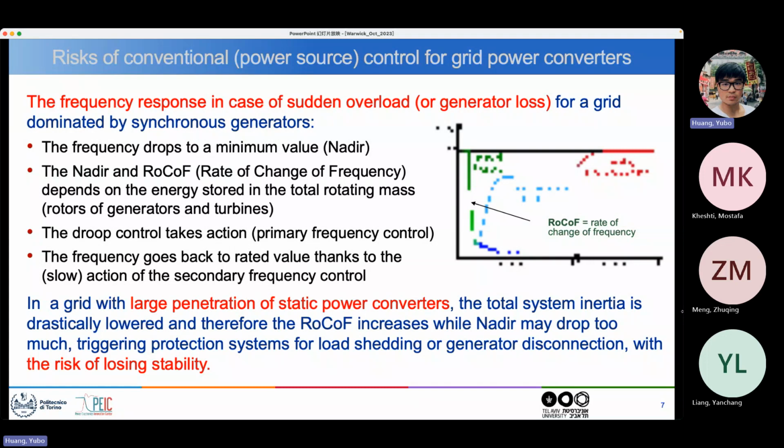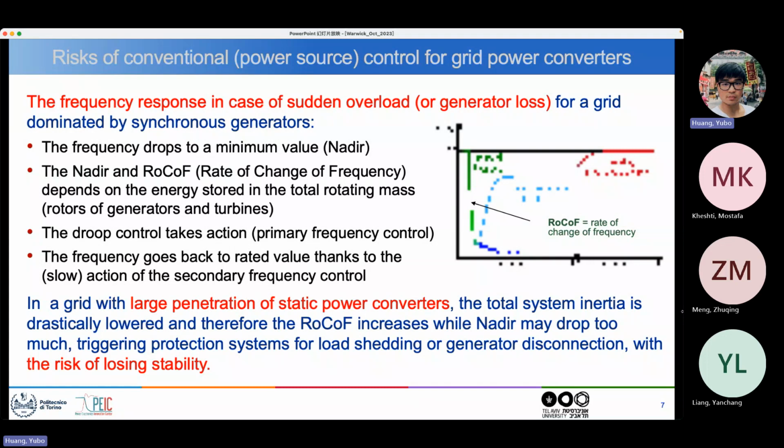And why? Because there are all kinds of protection mechanisms in the grid which look either at this slope, that's the local rate of change of frequency, or at the frequency itself. So they look at the frequency at a certain moment. And they disconnect, so they start with load shedding.